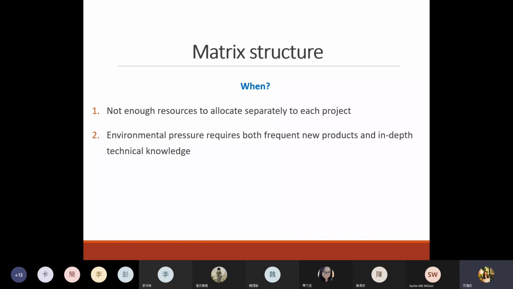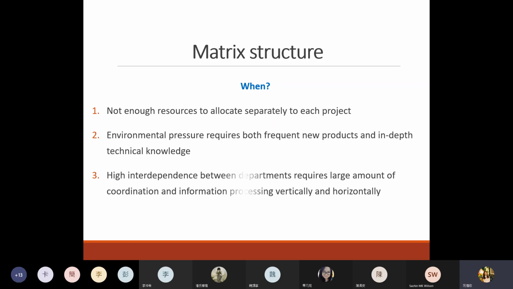The second thing is that you are working in an industry whose environment requires frequent new product initiatives, and the new products or features require in-depth technical knowledge. That is why it needs the combination from R&D or manufacturing all together, rather than just certain teams like marketing or sales service.